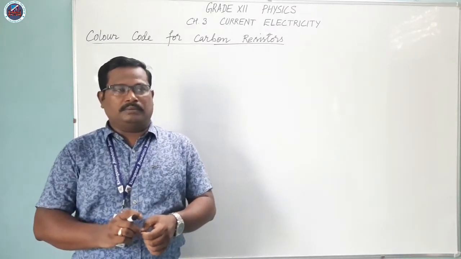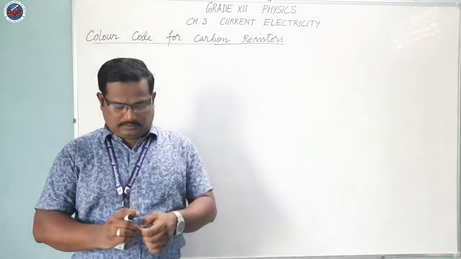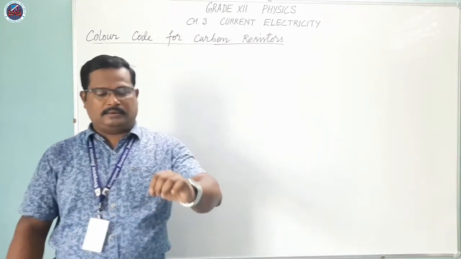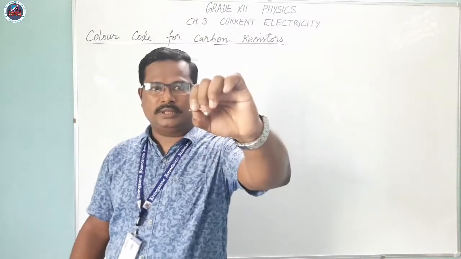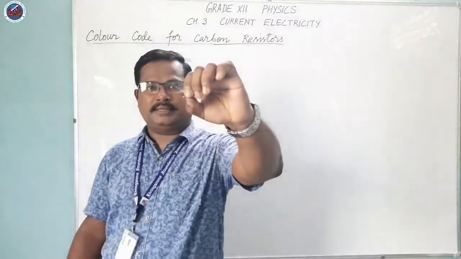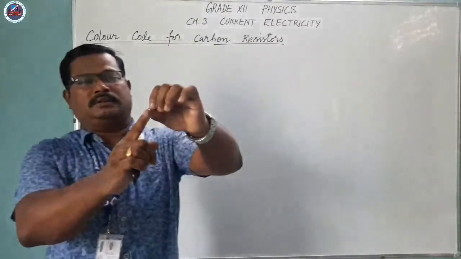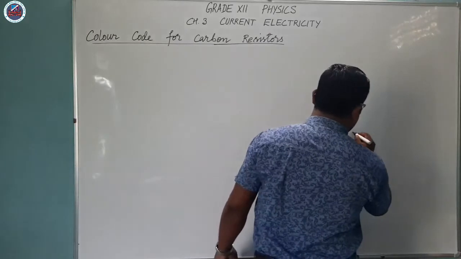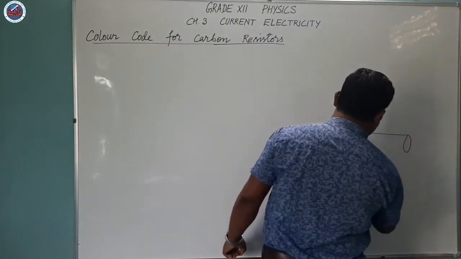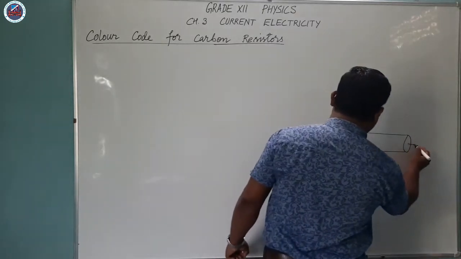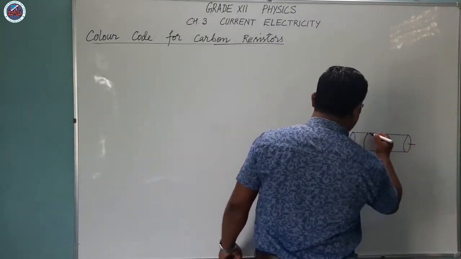A carbon resistor looks somewhat like this. It's very small, of this order. You can see some color bands present on the resistor. It is somewhat cylindrical, like this. There will be two terminals. Then some stripes you can see there.